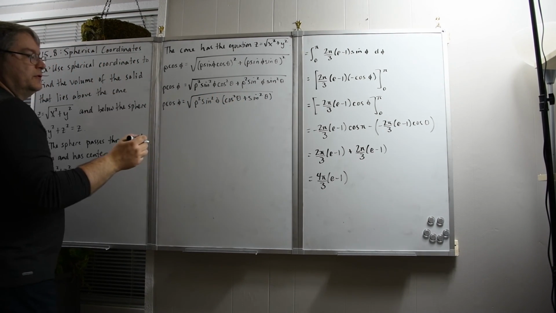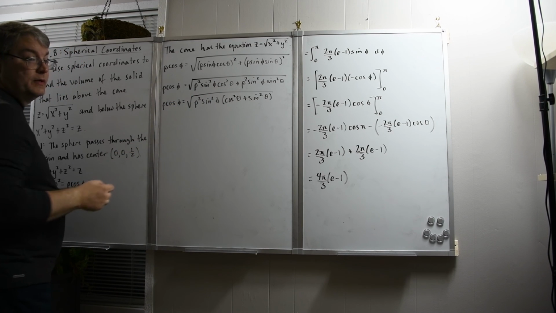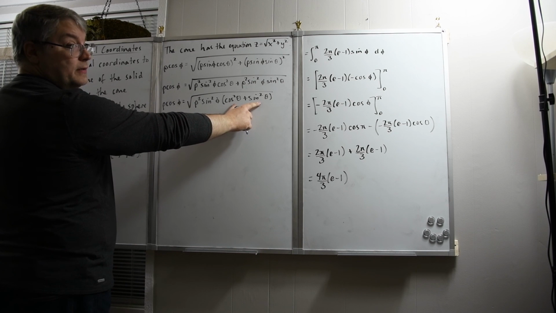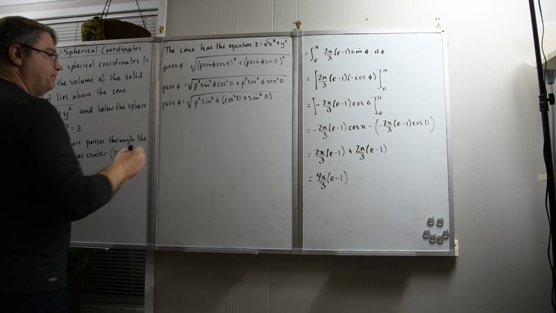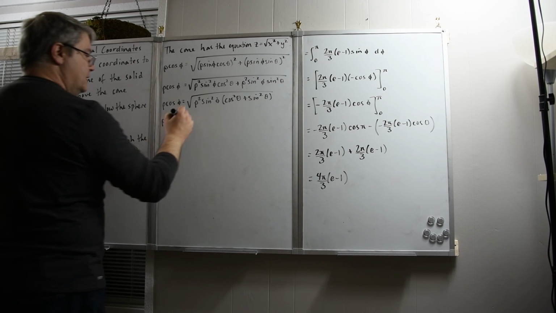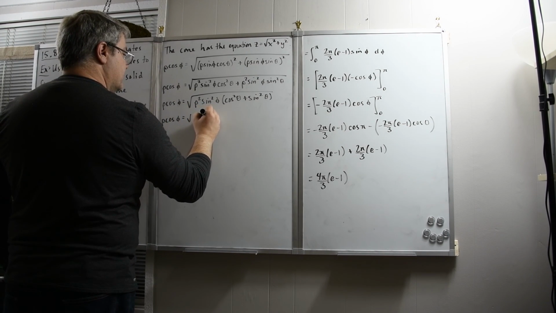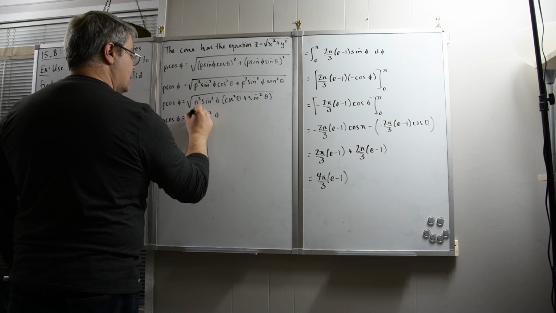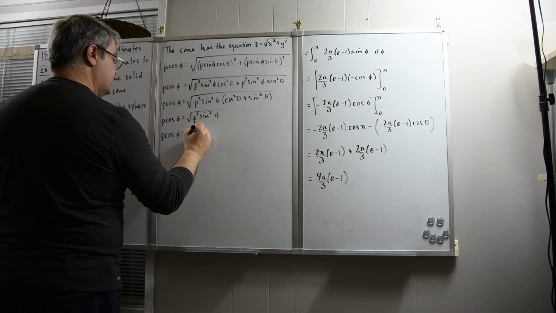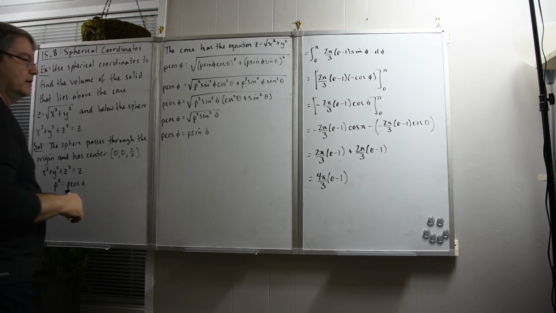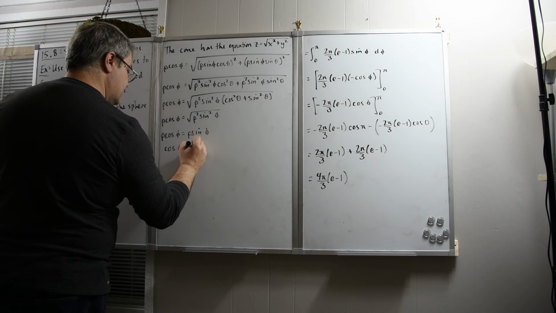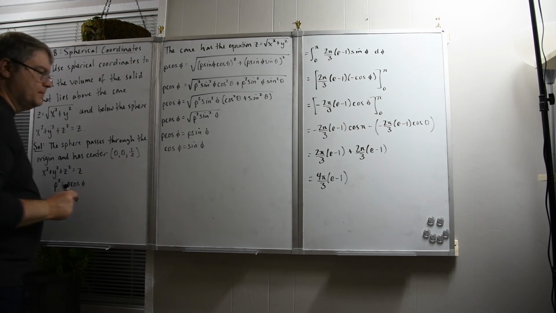When we factor out a rho squared sine squared phi from here, we have cosine squared theta. Factor out of here, we have sine squared theta. But we know cosine squared theta plus sine squared theta is equal to 1. And so we get rho cosine phi is equal to the square root of rho squared sine squared phi, or rho cosine phi is equal to rho sine phi. Okay, well that means that the cosine phi is equal to sine phi.